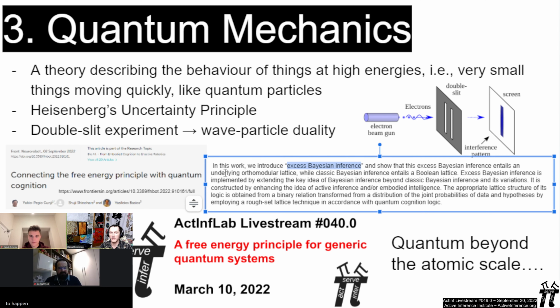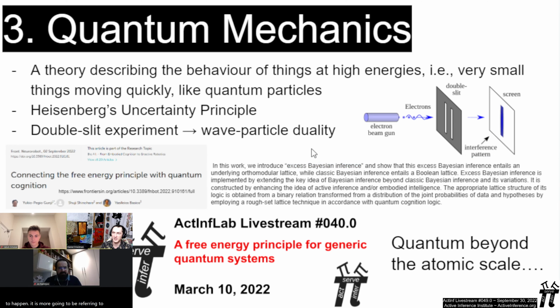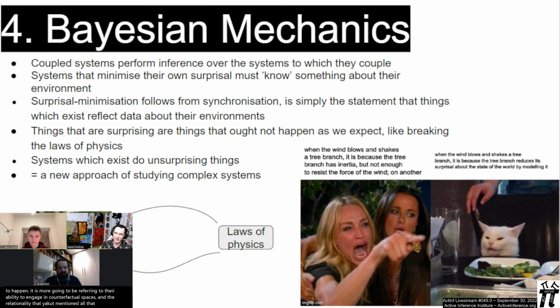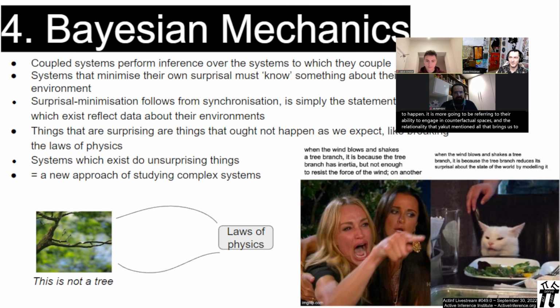It is more going to be referring to their ability to engage in counterfactual spaces and the relationality that Jakob mentioned. All of that brings us to Bayesian mechanics.